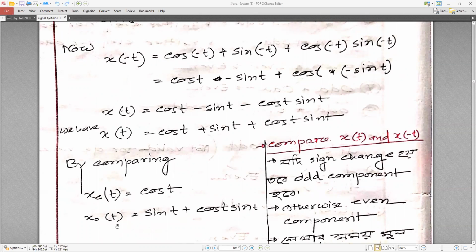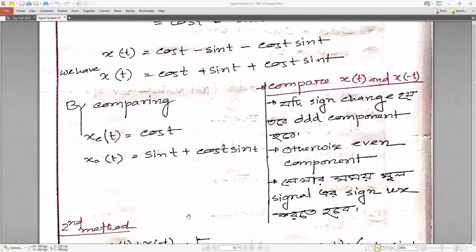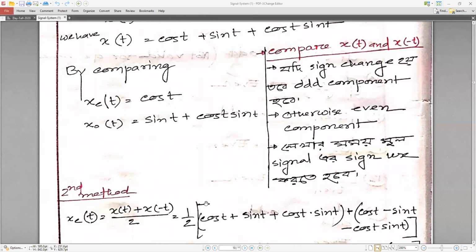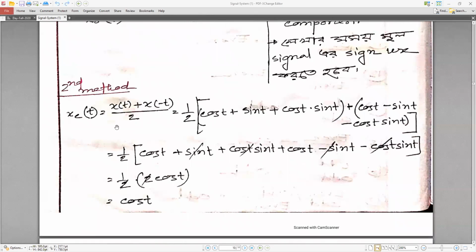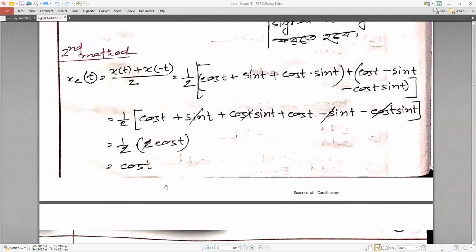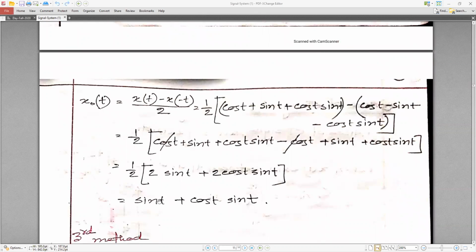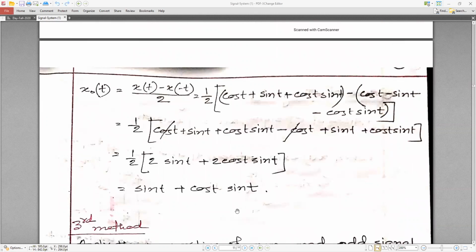So which are the even terms and which are the odd terms? Distinguish. Another method is the even and odd component formula. Just put the values in the formula, then find out cos t, and for the odd part, put the values and you will find it.